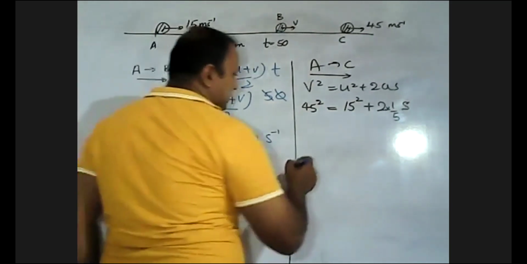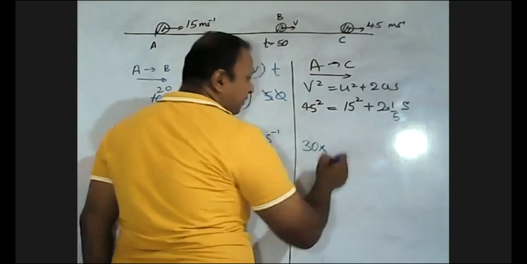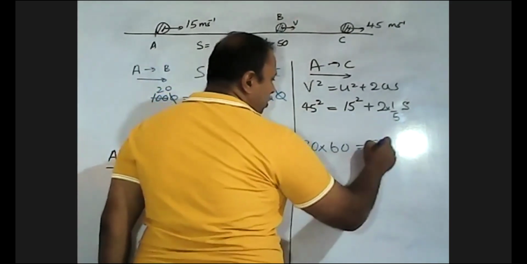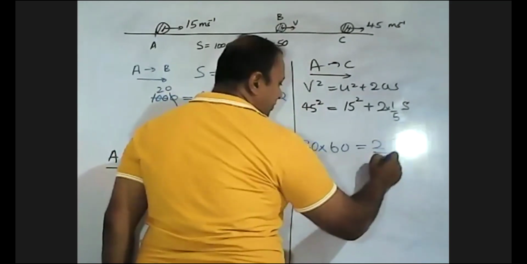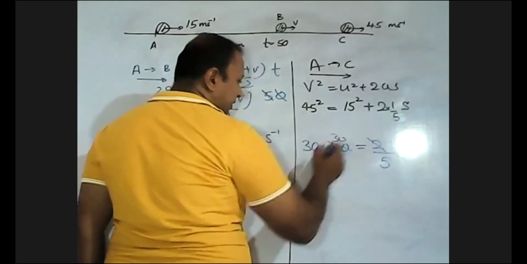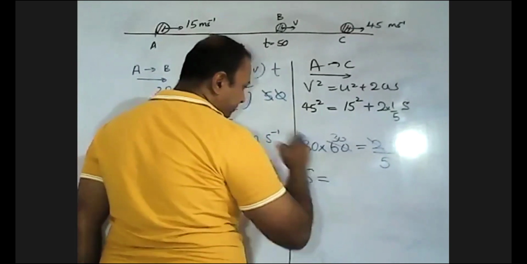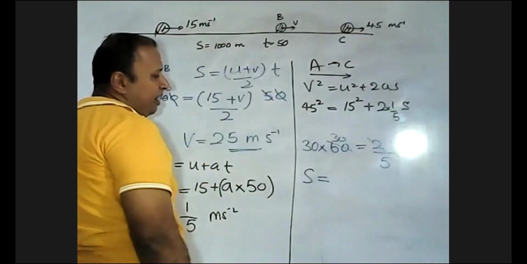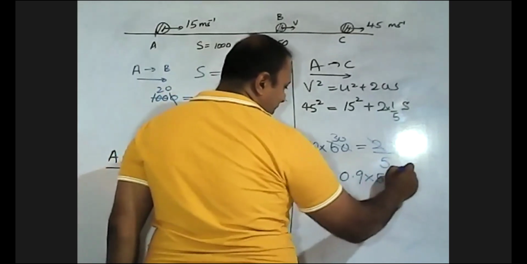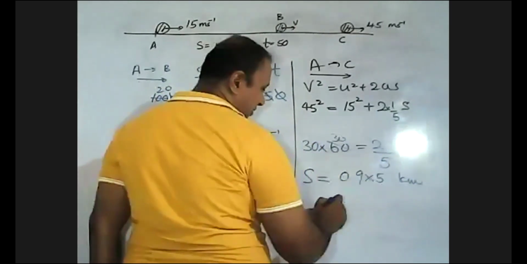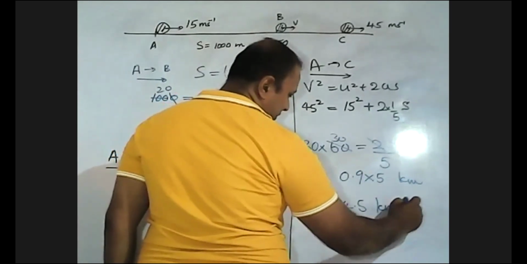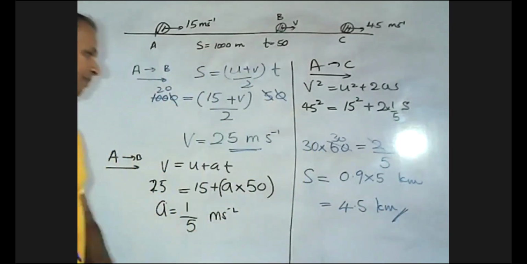Therefore 30 into 60 is equal to 2s/5. Then the 30 cancels out, so s is equal to 900 into 5, that means 0.9 into 5 kilometers. So 4.5 kilometers. 4.5 kilometers.